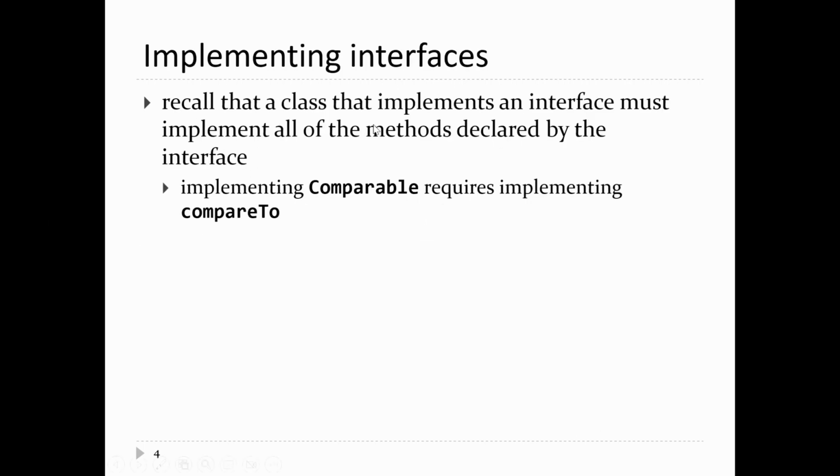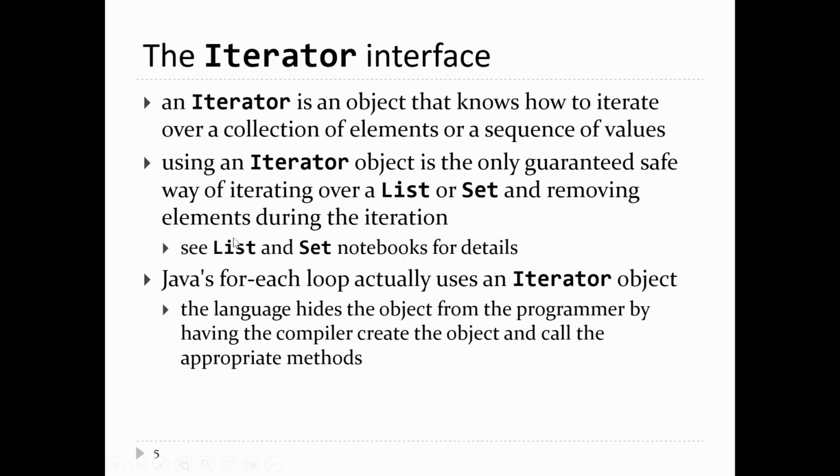Recall that a class that implements an interface must implement all the methods that are in the interface. So if you say that your class implements Comparable, then you have to provide compareTo. What about other interfaces? The Iterator interface specifies objects that know how to iterate over a collection of elements or a sequence of values.